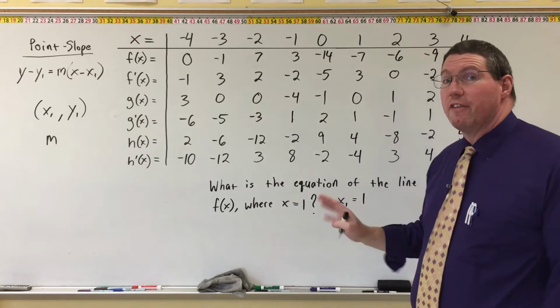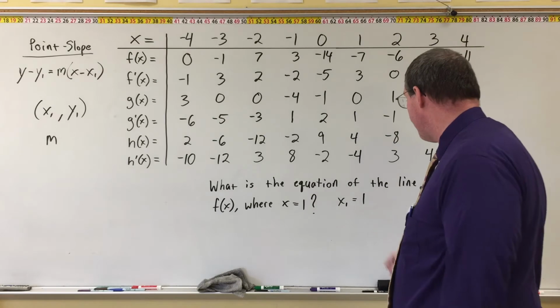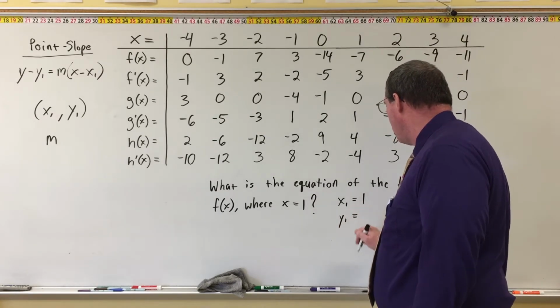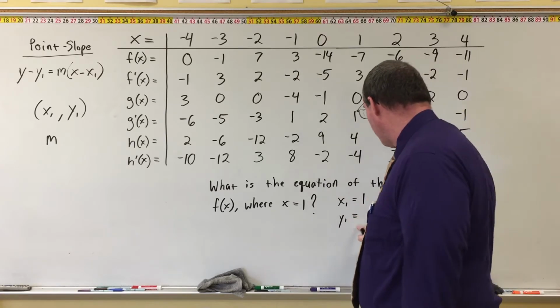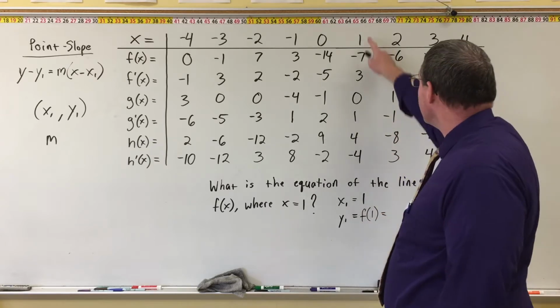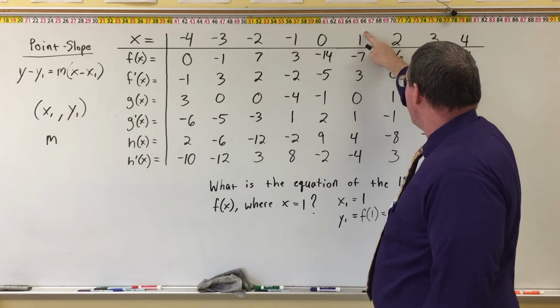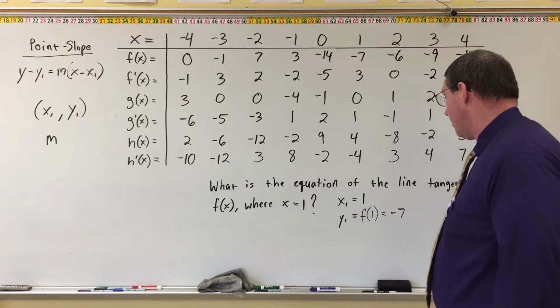You have to be given at least one piece of information in order to get the other two. Now what is the y output value that goes along with the input of 1? What we're looking for is f of 1. Well, f of x is along this row, and the output value is -7. So y is -7.